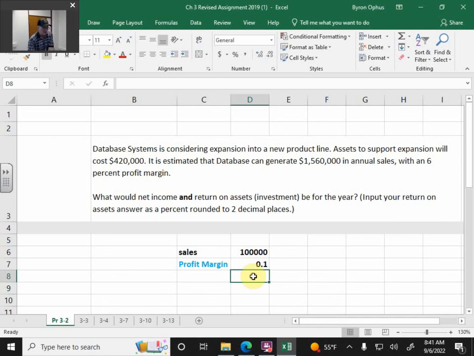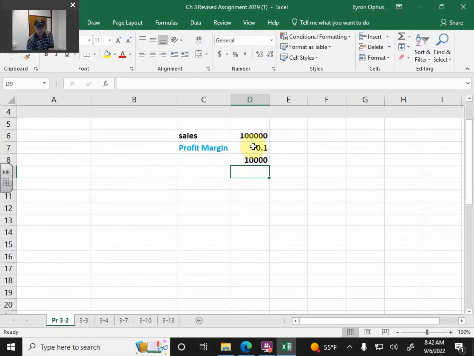Okay, so now if I'm making $10,000, whatever my assets happen to be, let's say my assets are 50,000, kind of back to our other problem, right, then what's my return on assets? Well, let me do this, so equals, right, this times this, okay, so my net income is 10,000. In this case the problem here is 420,000, but my little example down here, I'm gonna say my assets were 50,000.